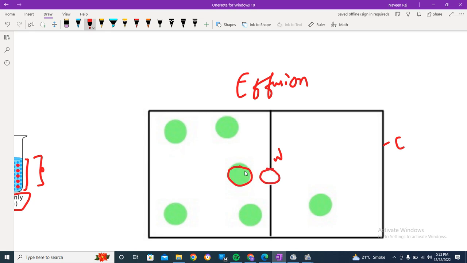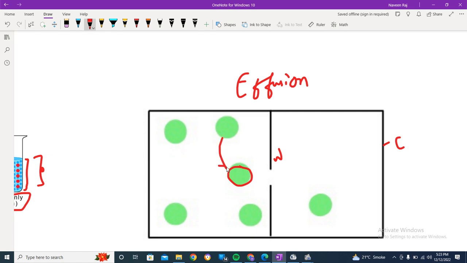What happens in effusion is the movement of the molecules from a region of higher concentration to a region of low concentration, but the place is very limited. We have made a small hole, and the particles move through the small hole, and in this the particles, the atoms, the molecules are in contact with each other.